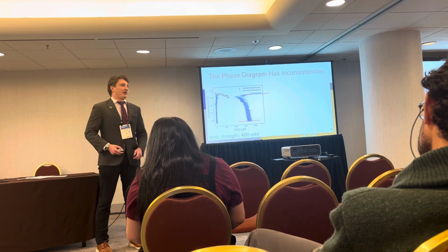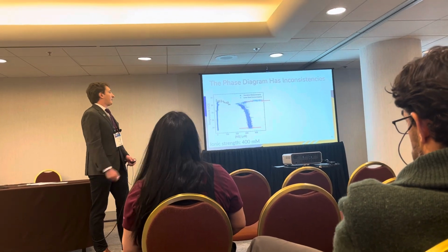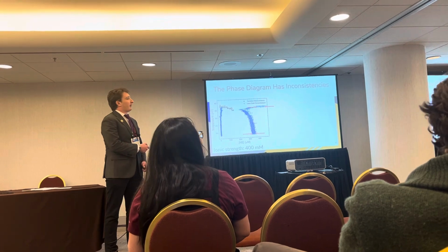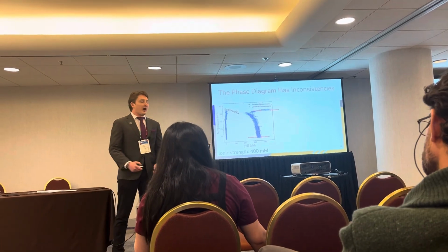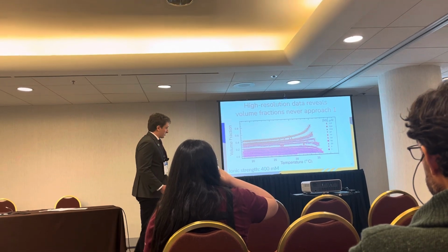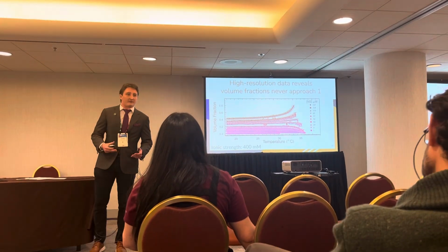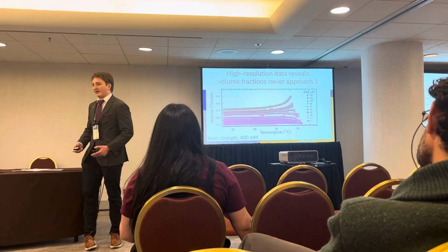And I don't believe it, because at low temperature, we see error bars at 18 Celsius of about 30 micromolar. And this is quite literally doubled by the time we get to high temperature. Given the fact that this was a precision measurement, we had a boatload of data. We decided to actually look at the volume fractions at every single temperature for each of these 10 samples.